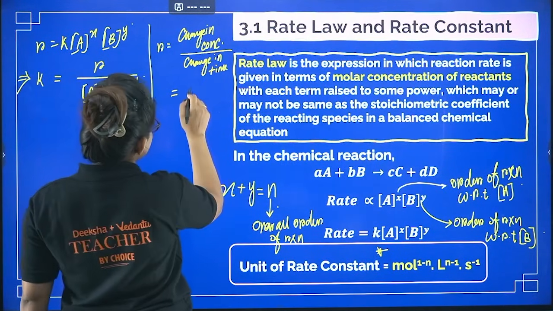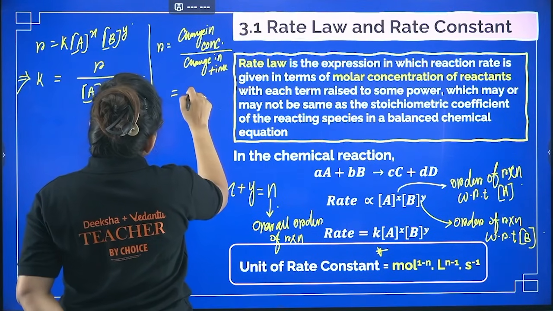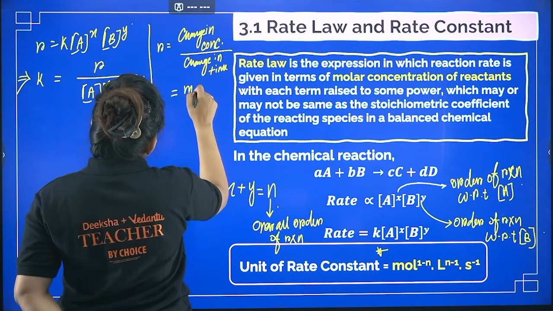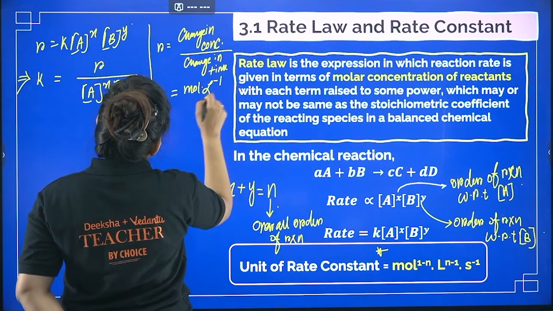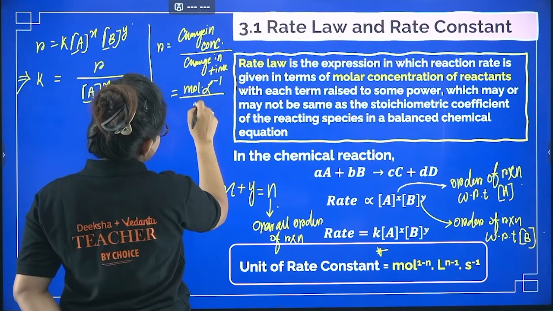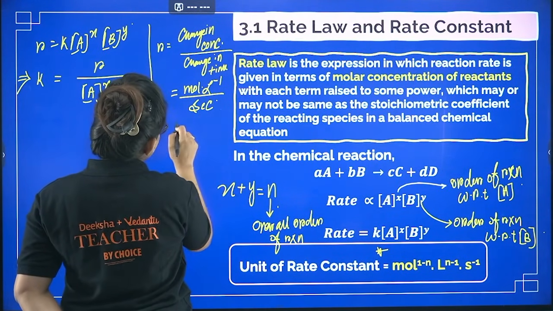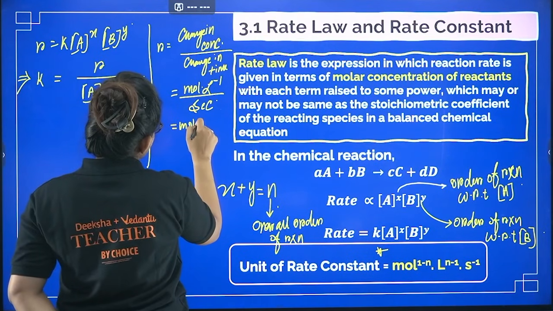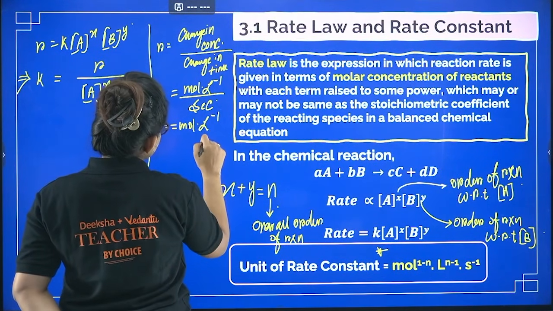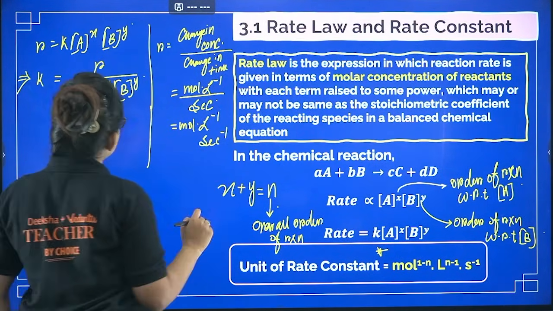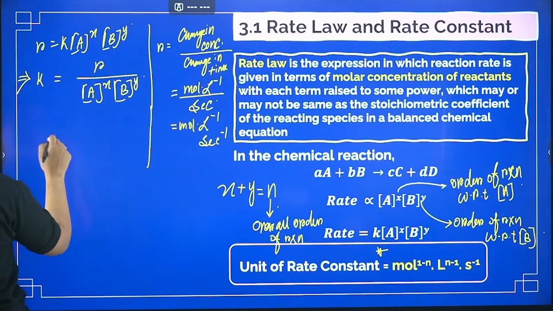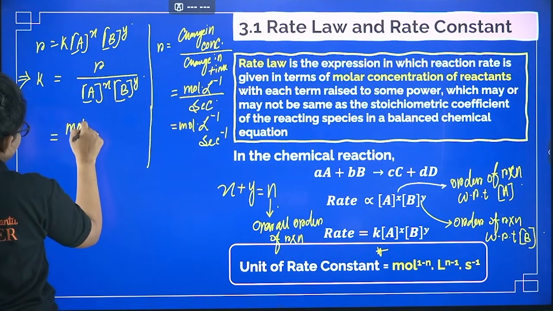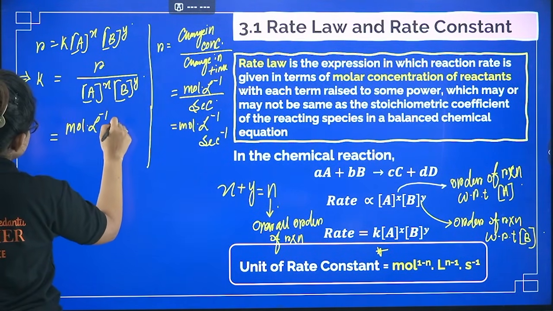What is the unit of concentration? Mole per liter. And what is the unit of time? That is second. So I can write the unit of rate is basically mole per liter per second. Let's put the unit here: mole per liter per second.